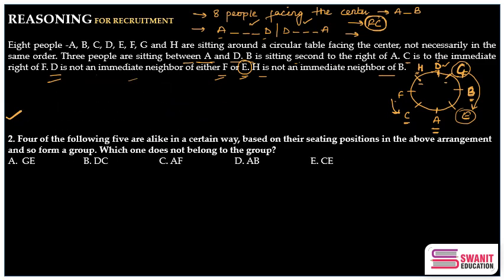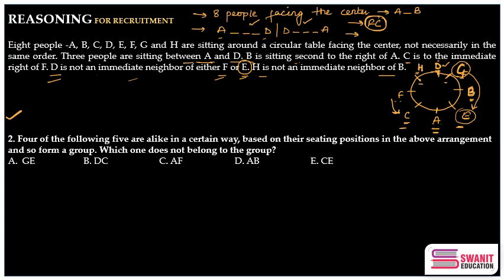4 of the following 5 are alike in a certain way based on their sitting positions in the above arrangement and so form a group. Which one does not belong? Let's see. So the first option is GE. This is G and this is E. Second is DC. So D is here and C is here. Third one is AF. A is here, F is here.